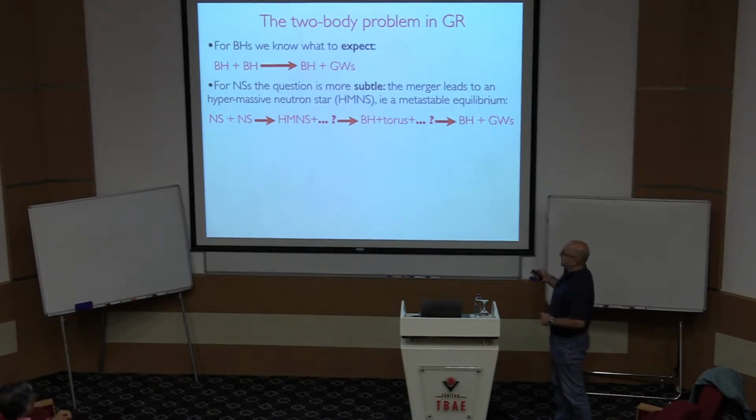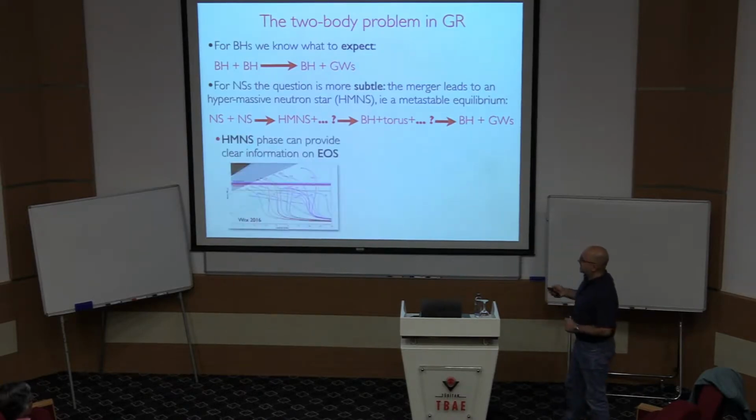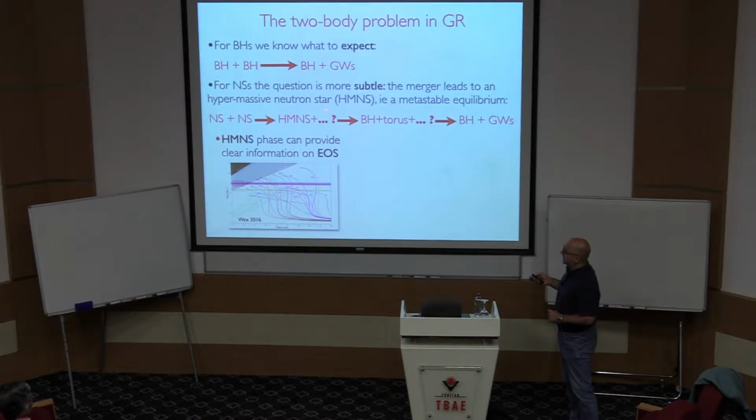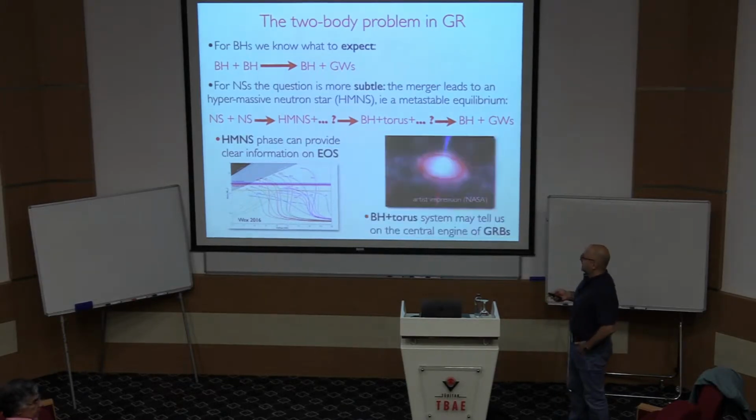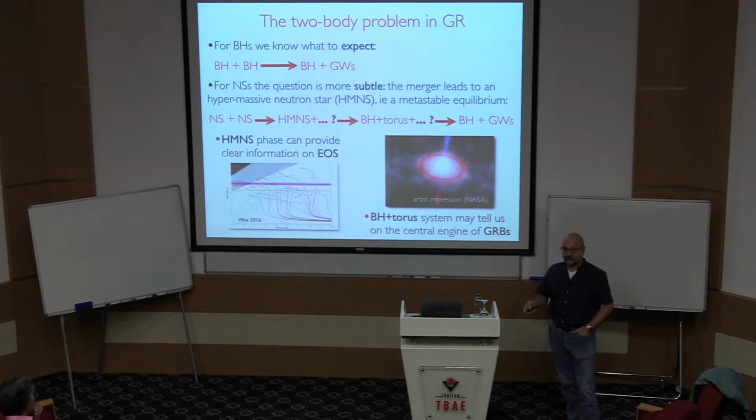Now, these two distinguishing features are very important in the case of binary neutron stars, and this is where I put question marks, because this is where all the difficulties are, but also where all the interesting physics and astrophysics are. In particular, and I'll explain this better, if we understand what happens during this stage, there is a very good opportunity for us to understand the equation of state of neutron stars. If we understand what happens during this stage, chances are that we can understand what produces gamma ray bursts.